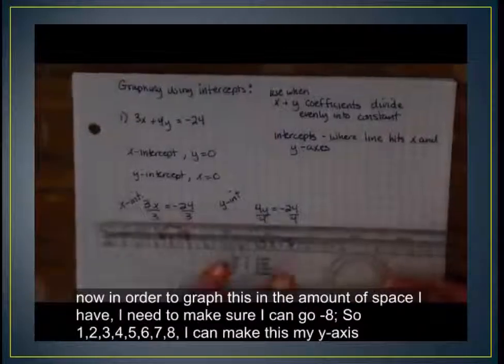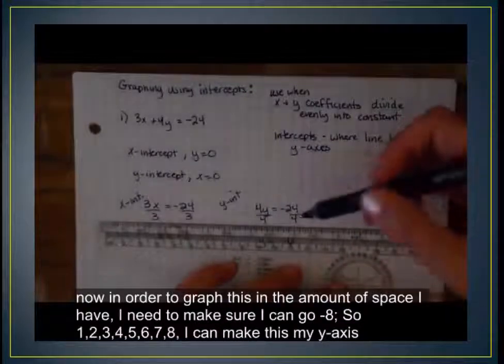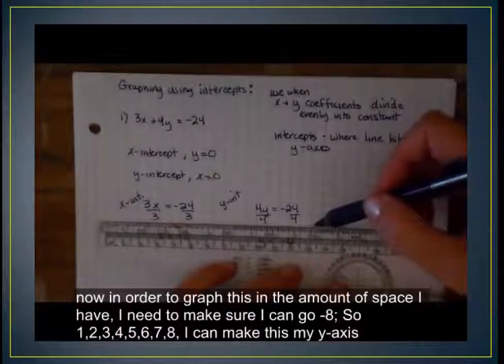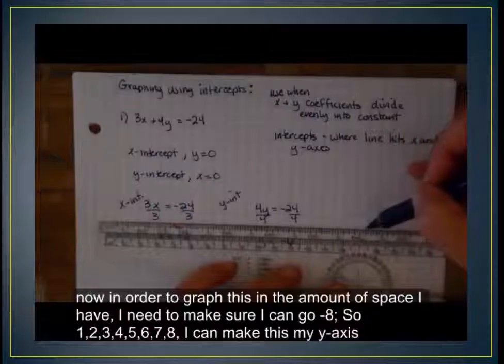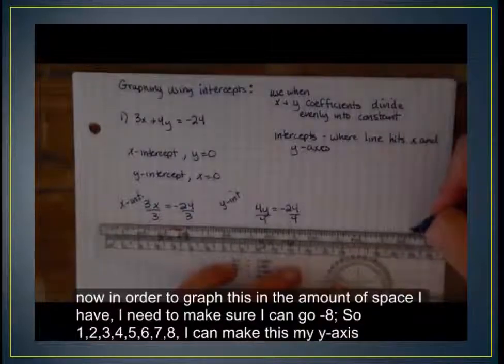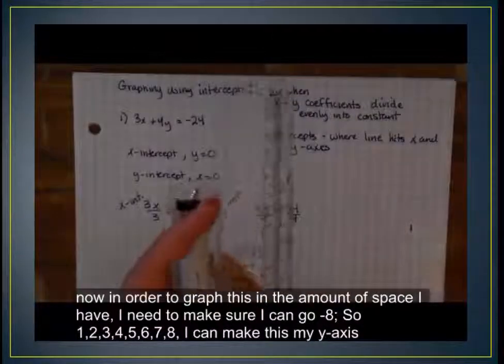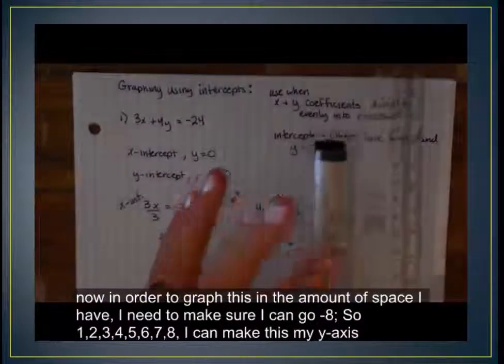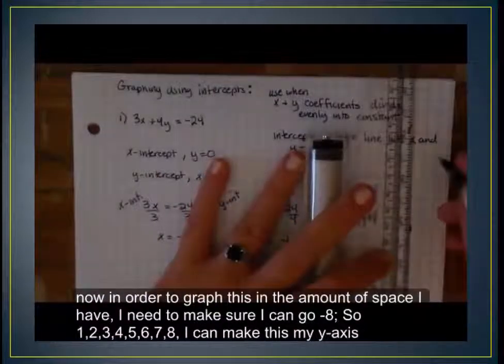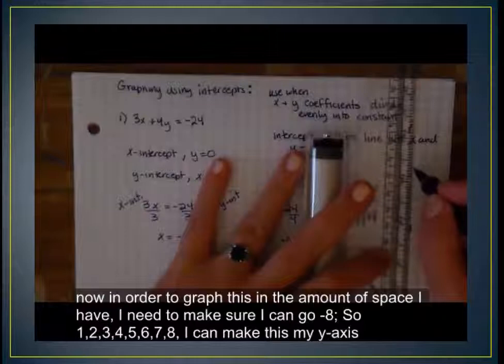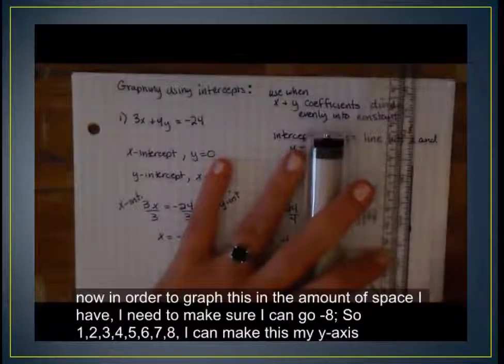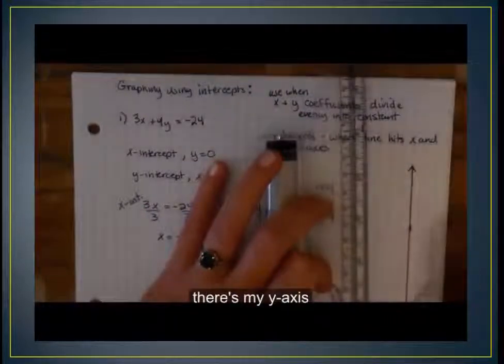Now, in order to graph this in the amount of space I have, I need to make sure I can go -8. So 1, 2, 3, 4, 5, 6, 7, 8. I can make this my y-axis. So there's my y-axis.